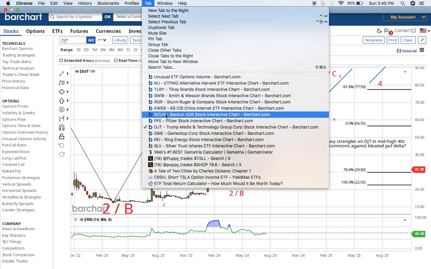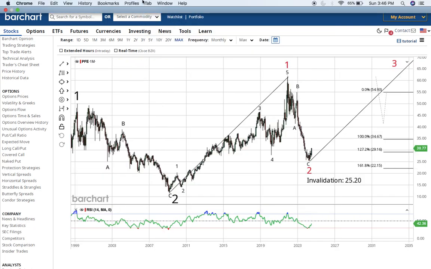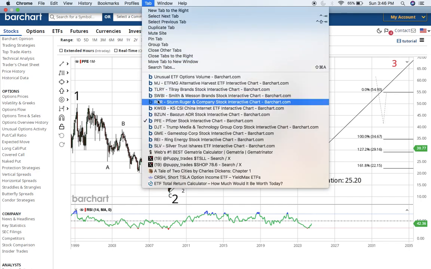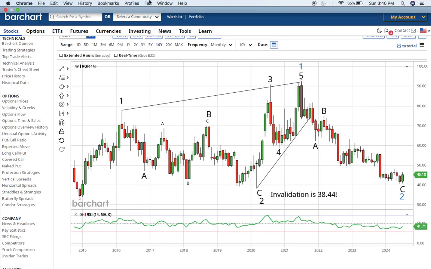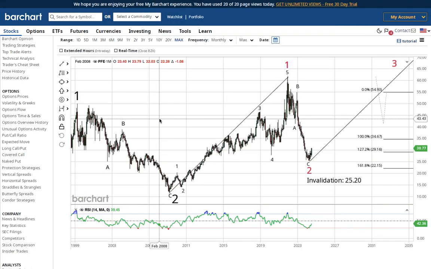When you lose your gun rights during the Ruger Wave 3 and the Smith & Wesson Brands Wave 3, and when the Pfizer thing happens and the Co-Diagnostics things happen, they think this is all actually going to be a good thing. Because DJT is actually still the shadow president, and he wants you to see how bad it would have been if Kamala Harris was president.